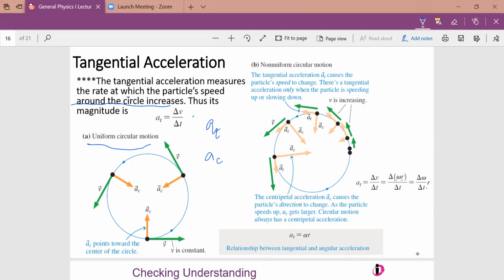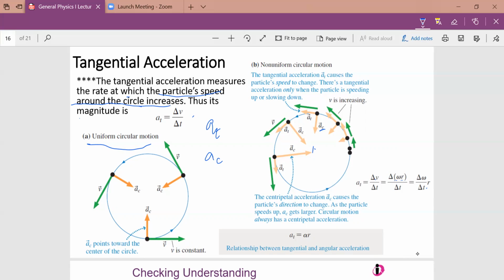Centripetal acceleration, in the description of uniform motion, we always stated that it is the acceleration that is always pointing towards the center of a circle. But for non-uniform motion, we will find another kind of acceleration which actually describes the speed of that particle around the circle. So we'll see another acceleration appearing, alongside the component of the acceleration that is pointing towards the center, which is the centripetal acceleration. And we describe that as the tangential acceleration.